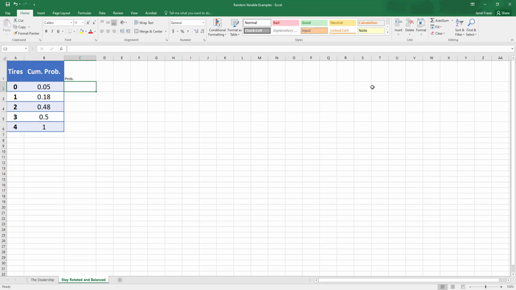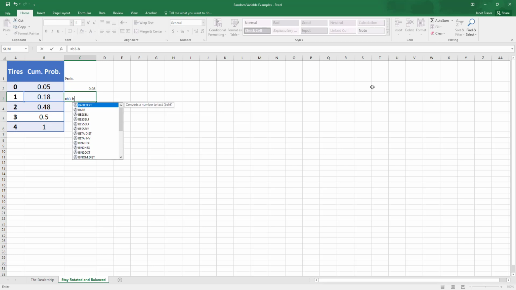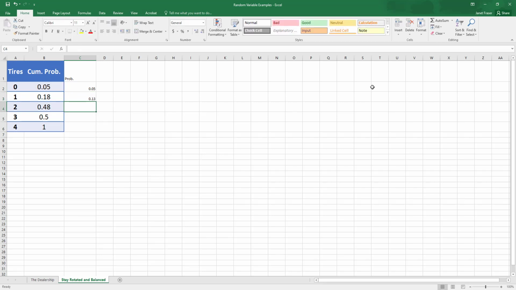The probability of 0 tires is still going to be 0.05. However, for the rest of these, we want to subtract the value before it from the cumulative probability to get the accurate value. So for example, with B3, we would want to subtract B2. So now the probability of buying 1 tire is 13%.